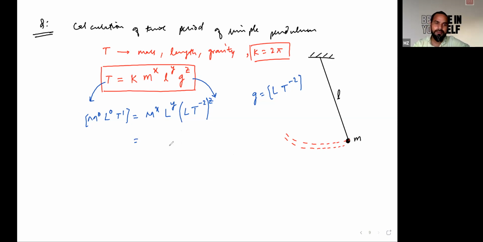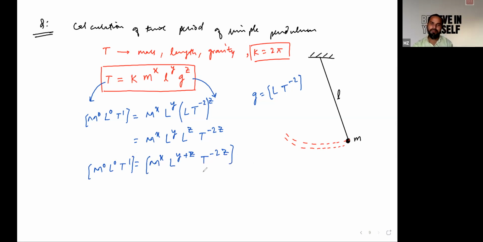M raised to the power X, L raised to the power Y. Here we have L raised to the power 1 and to the power Z, so we can write it as L to the power Z and similarly T to the power minus 2Z. So it will become M raised to the power X, L raised to the power Y plus Z, and T raised to the power minus 2Z. In the left hand side, M raised to the power 0, L raised to the power 0 and T raised to the power 1.